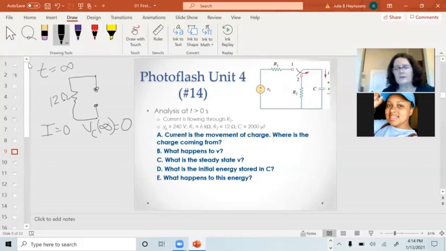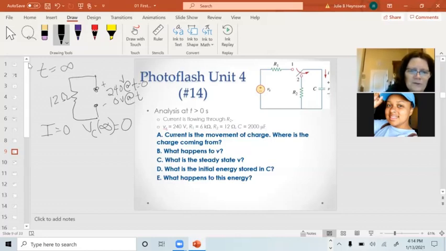I initially had 240 volts at t equals 0. I have 0 volts at t equals infinity.